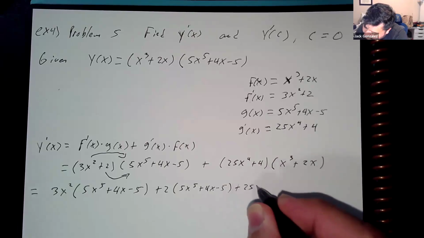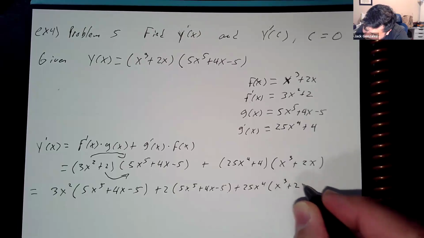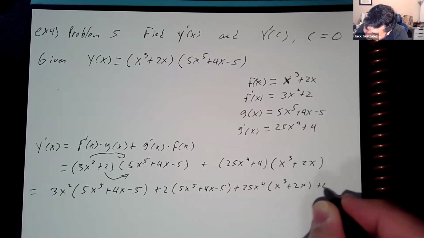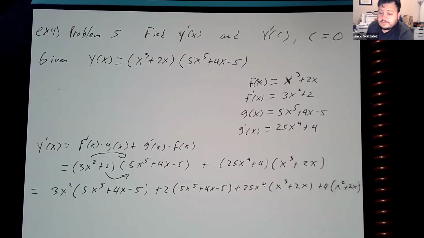Plus 25x to the fourth times all of this plus 4 times that same expression. Running out of space.